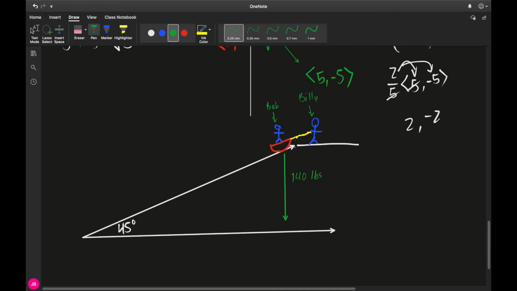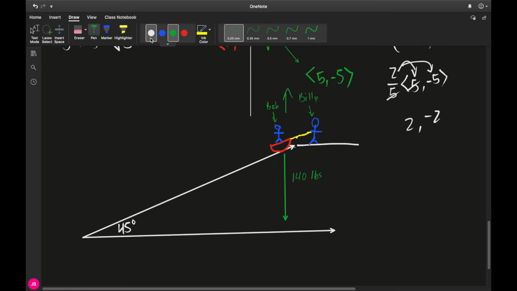Now you would think, well, if it's 140 pounds that Bob weighs, then Billy could hold him straight up with 140 pounds of force. But he's not having to do that. There is an incline of 45 degrees, so that is actually helping Billy to not have to use 140 pounds of force to hold up Bob. So it's less force. And the question is, how much will that force actually be?